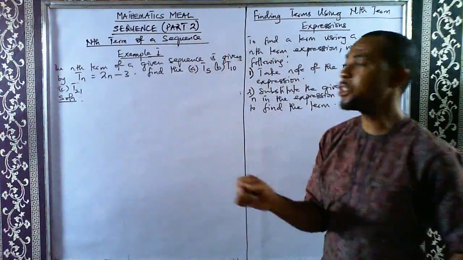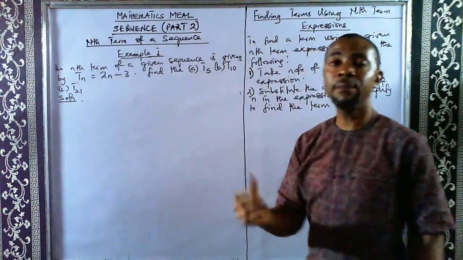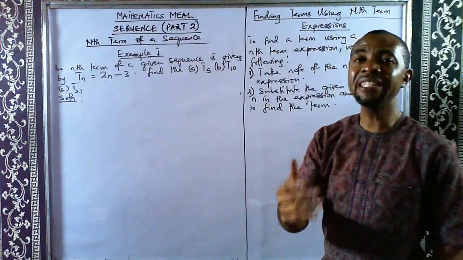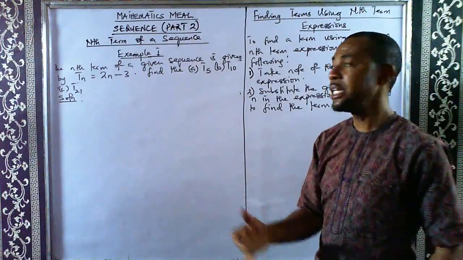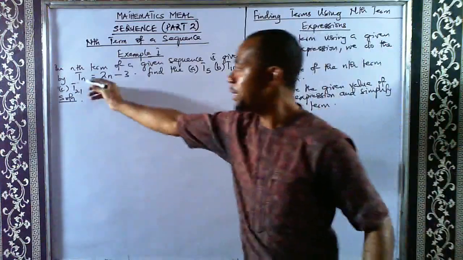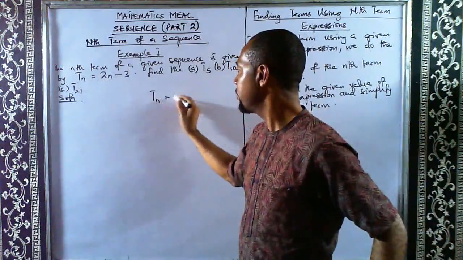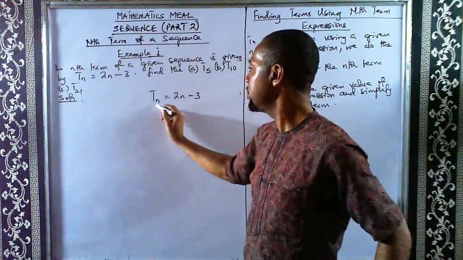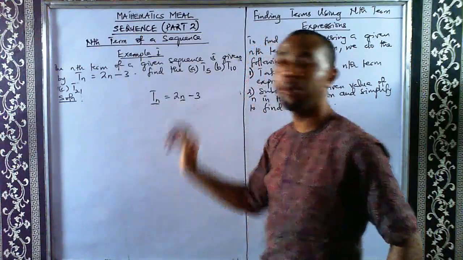Now in our definition of n-term, another explanation that we gave, we say the n-term connects the terms and the number of terms. So if you look at this particular expression, 2n minus 3, do you notice that this is a term and this is the number of terms?